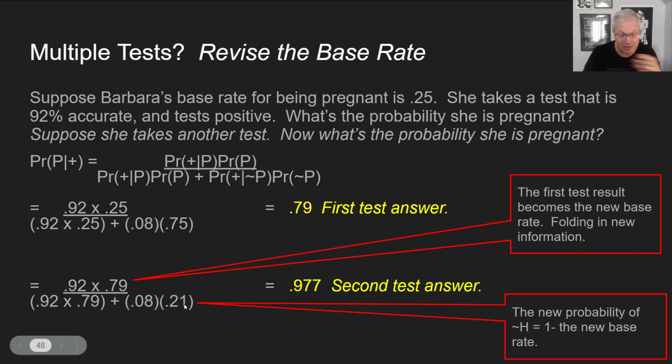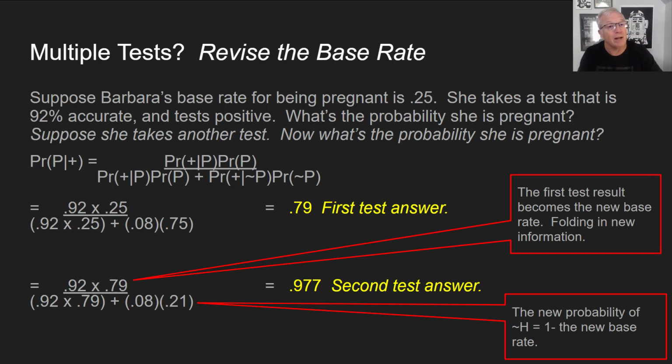So now the second test answer comes out, not surprisingly, as 0.977. So Barbara's gone from 25 to 79 to 98% probable to be pregnant, where she didn't have a test, and then she had a test positive, and then she tested positive again, and that information has been sequentially folded in and revised and given us new answers to the question, is she pregnant? So that's how you do multiple tests.